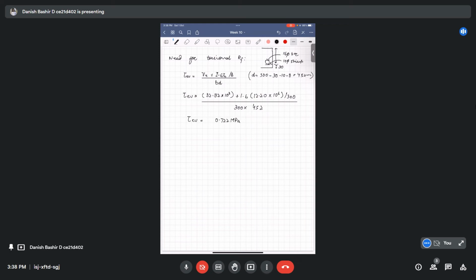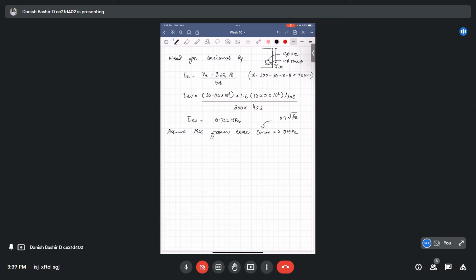Now we have to compare it with the maximum shear strength of concrete. If we assume M20 concrete, from the code we will get tau C max as 2.8 megapascal, or you can directly calculate it from the formula I told in the earlier lectures, 0.63 root fck.